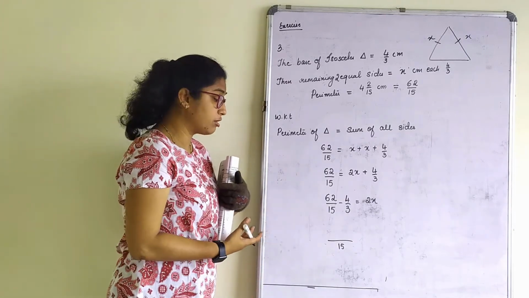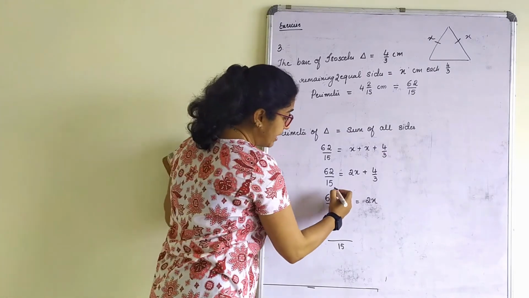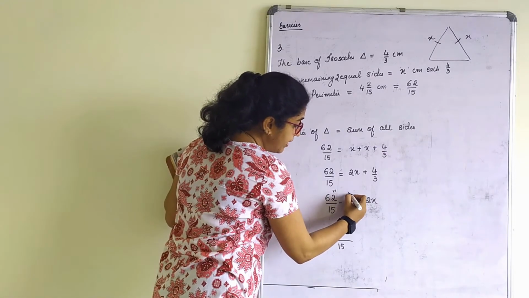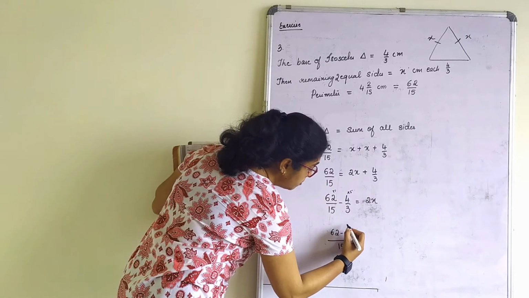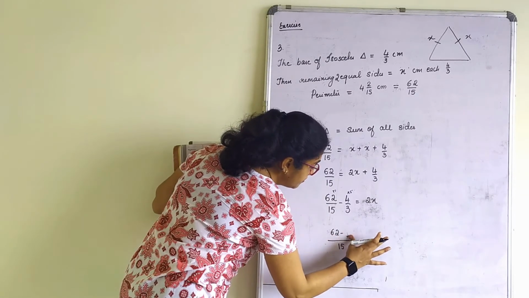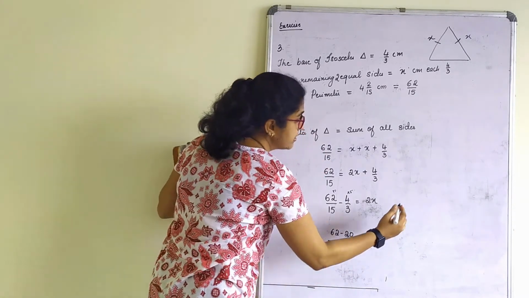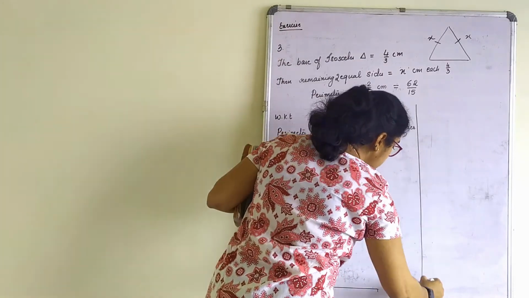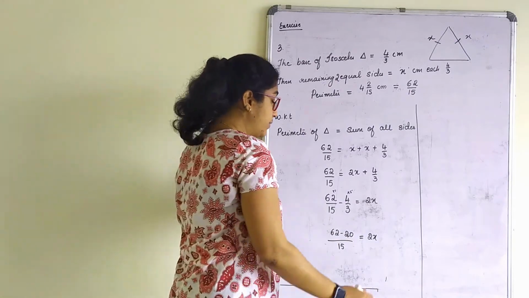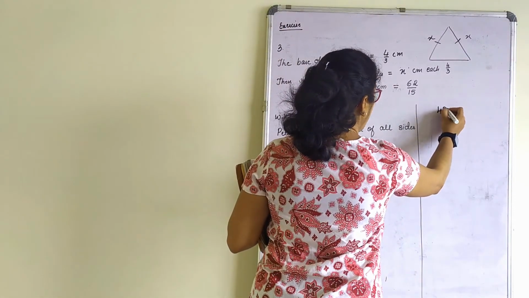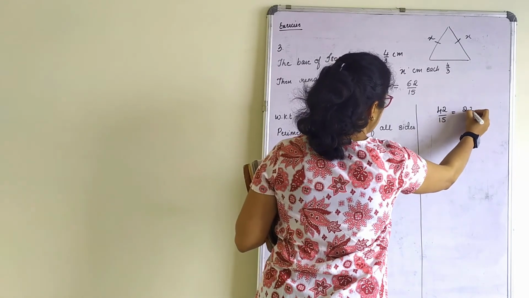If in case you are not aware about how to do this, do the usual LCM method and find out. 15 into 1, 3 5s are 15. So into 5. 62 minus 4 5s are 20 is equal to 2x. Please do this below. 62 minus 20 is 42 by 15 is equal to 2x.